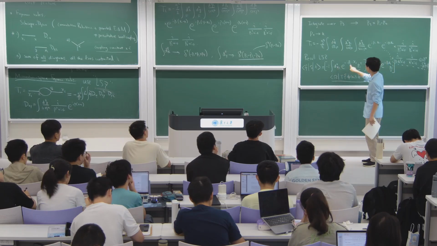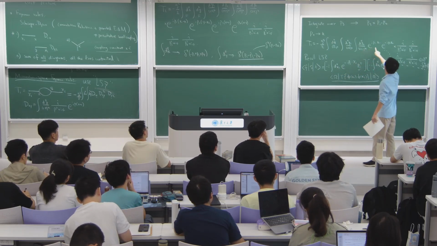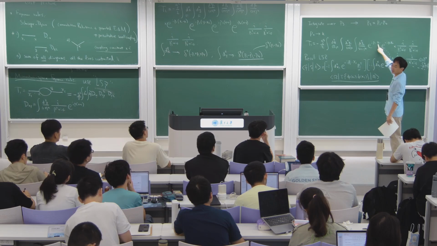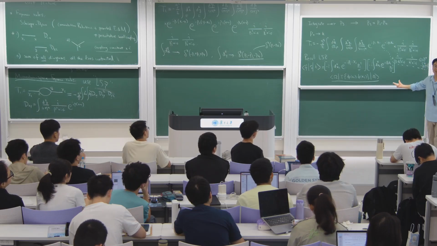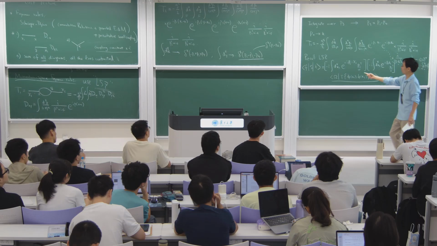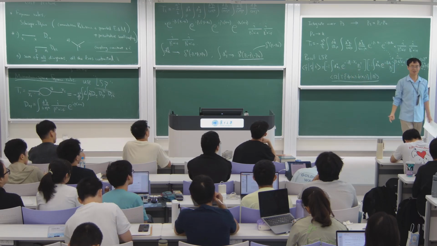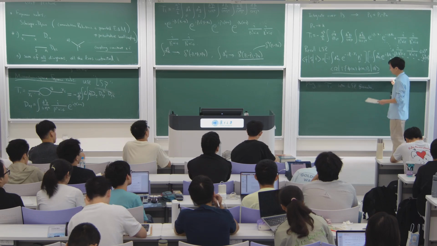If you do the x1 integral, there is an e^{i p_i x1}, and also there is the x1 here, right? There's x1 here, and everything else has nothing to do with x1. Again, like before, when you first do the x1, x2 integral, you get delta functions.